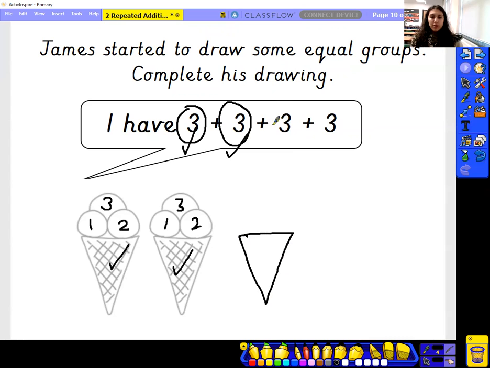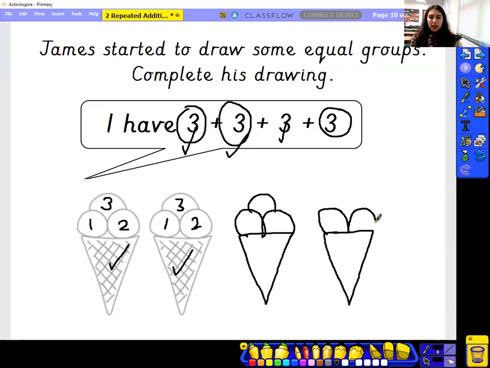So if I want to represent this group of 3, I would have 1, 2, 3, and then I could say that that one's done. I've not finished my repeated addition because my repeated addition shows me that I've got one more group here. So I would draw my final group with 3 ice cream scoops on it.